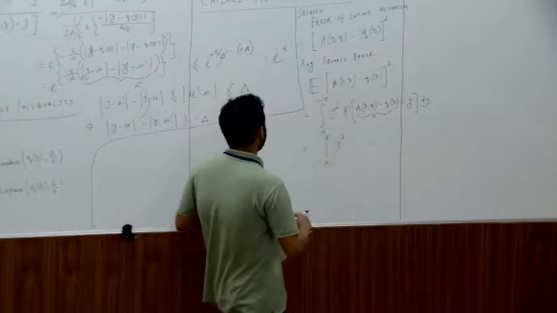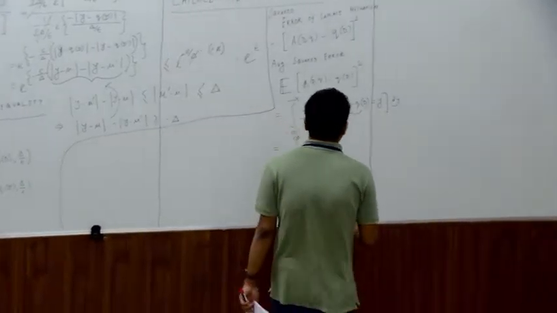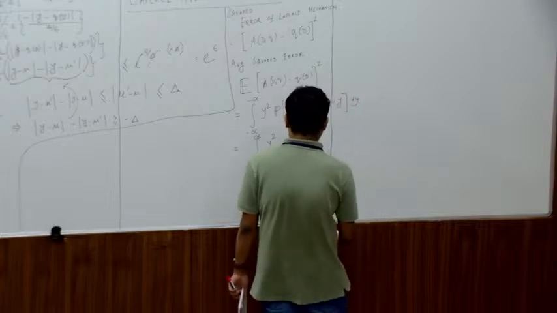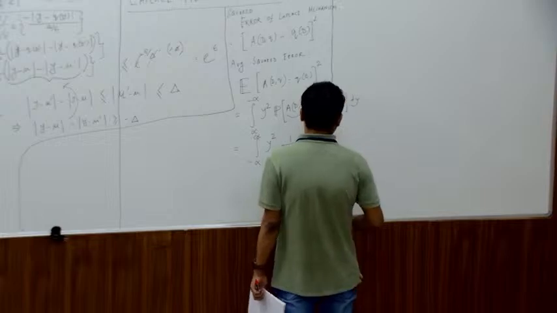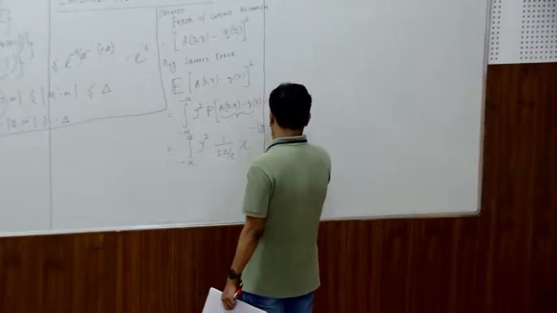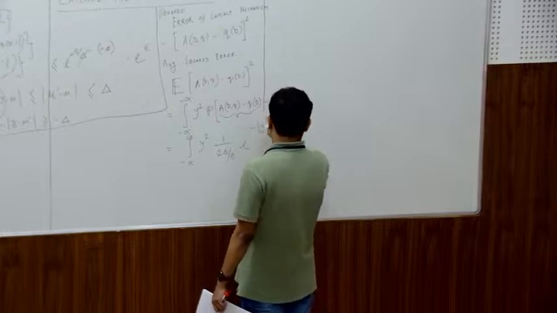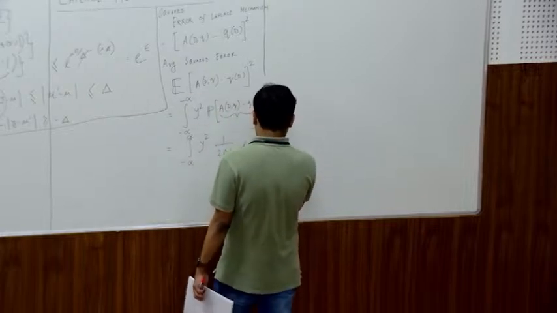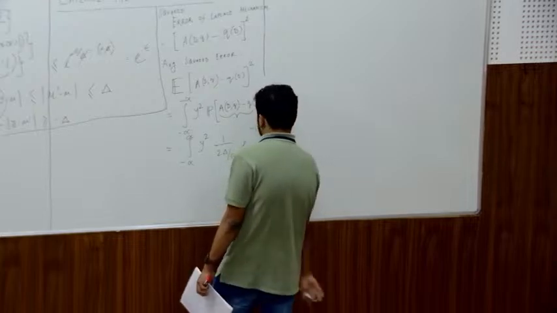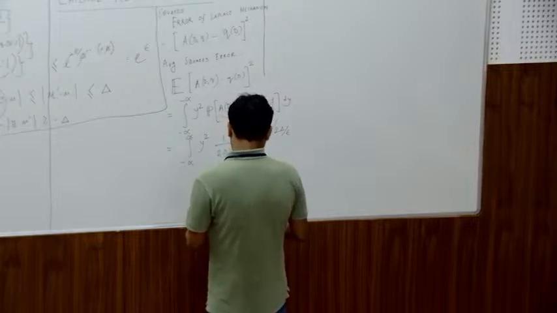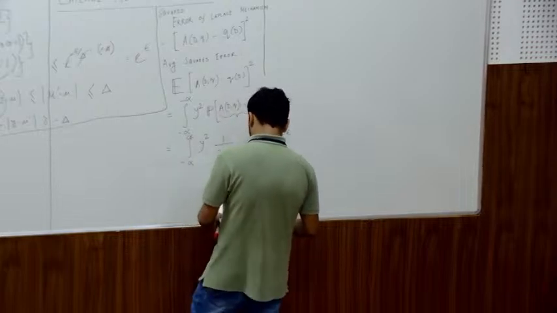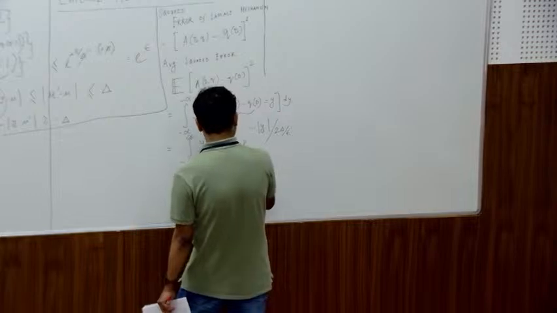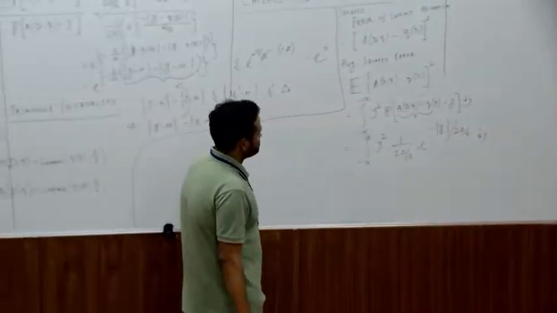y square, m is 0, right? dy. You wouldn't have the 2 there, right?